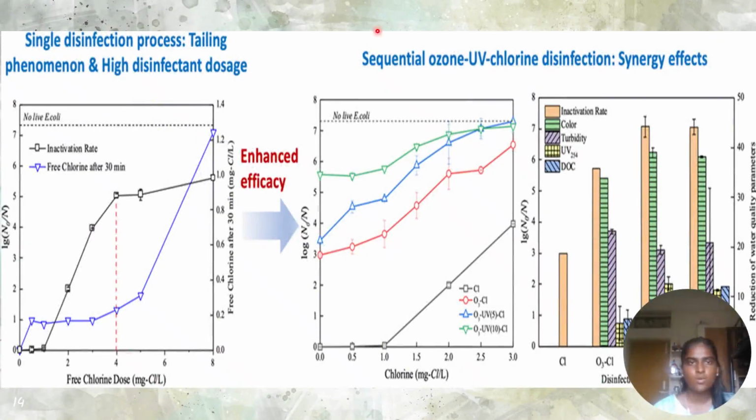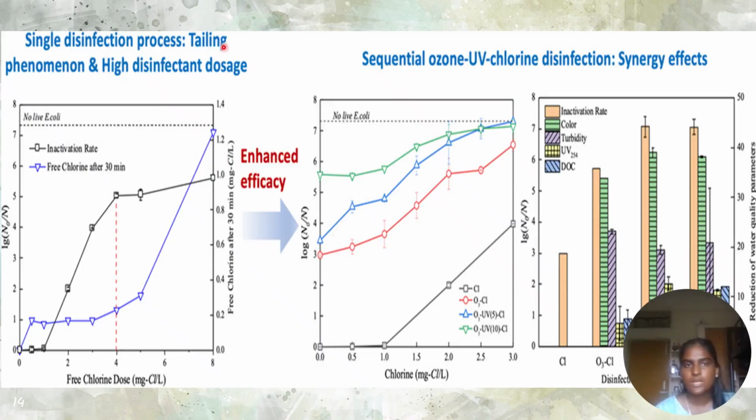This is the overview of the process. If we use chlorine alone, we need to increase the chlorine level, and only then is the pathogenic bacteria completely removed. Like that, there is a tailing phenomenon. It will be present in the water after we disinfect it, and it will be harmful to us.